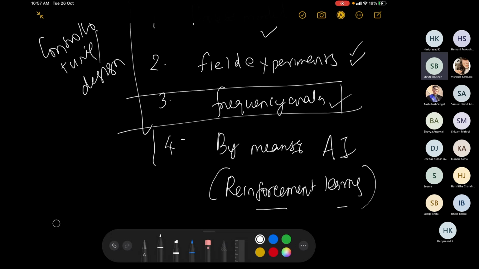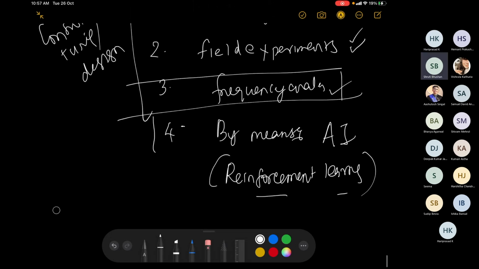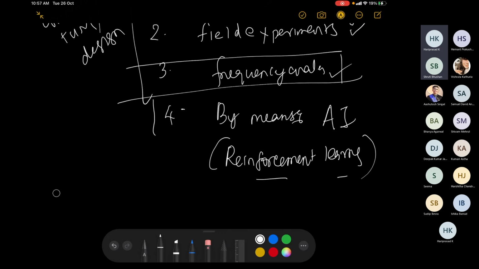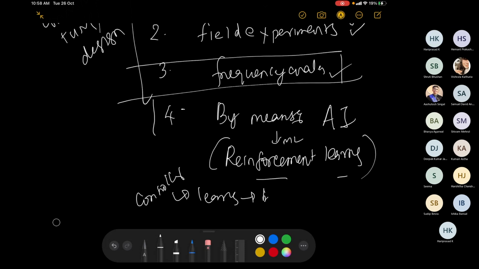Sir, I think it's something related to AI or machine learning. Yes, this is proper ML. So what you do is your controller learns by means of interacting with the environment. A typical example is a robot.